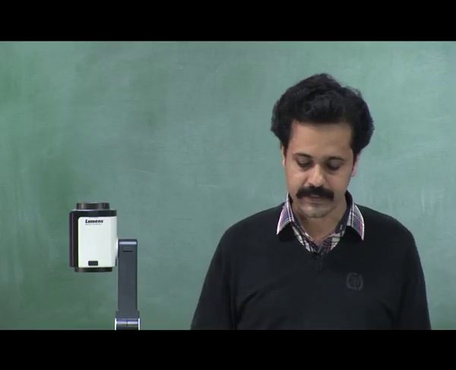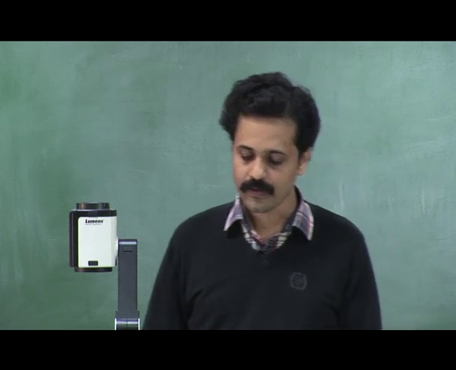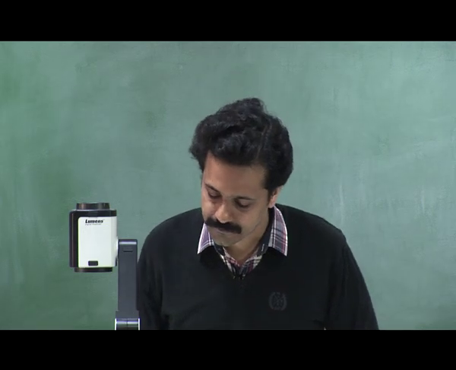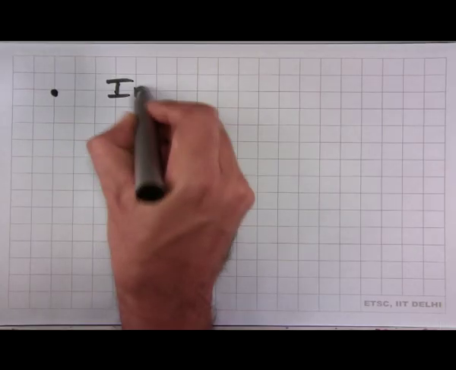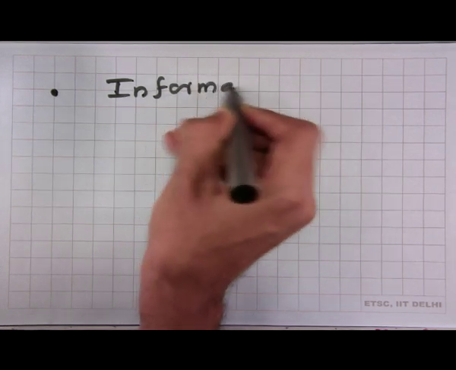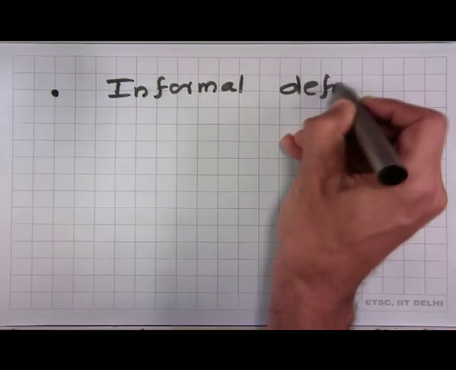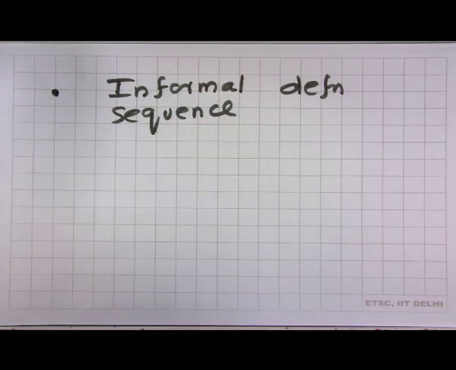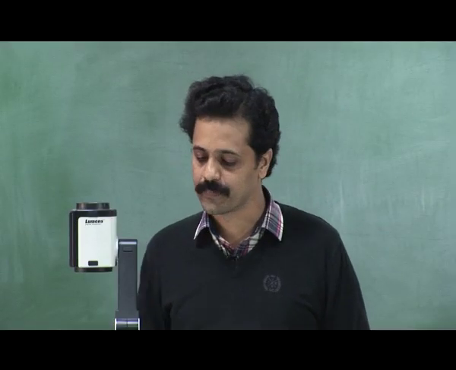At the end of this lecture, you should be able to understand the informal definition of a sequence, namely a sequence is an ordered list of real numbers.